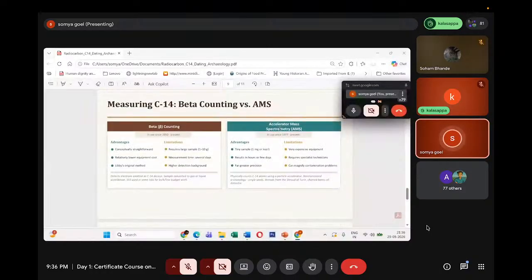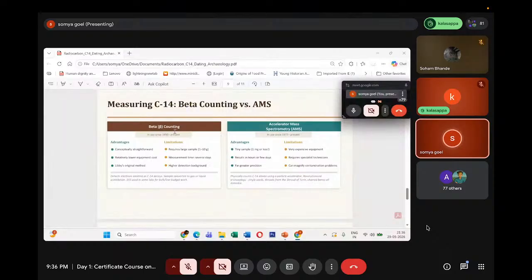Now coming to the actual measuring part. How do we actually measure carbon 14? We get the sample at a lab, and we have two methods of counting or calculating the carbon 14. One is beta counting and the other is accelerated mass spectrometry, AMS.